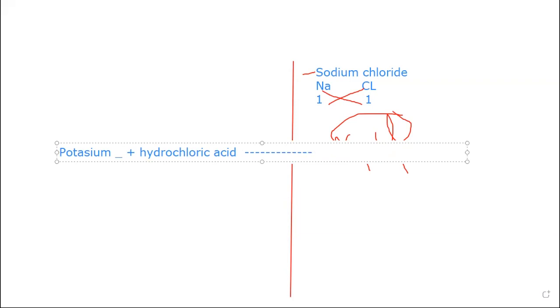Hydroxide? How come hydroxide? This is the acid. So potassium plus hydrochloric acid gives potassium chloride, plus hydrogen.